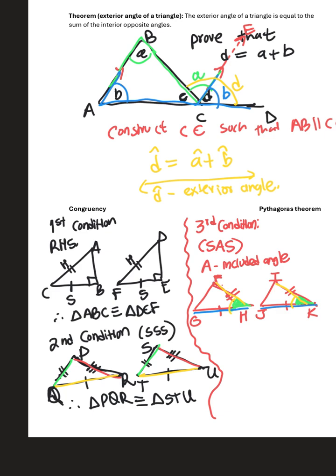Before we do the fourth condition, let me write here that triangle FGH is congruent to triangle IJK.